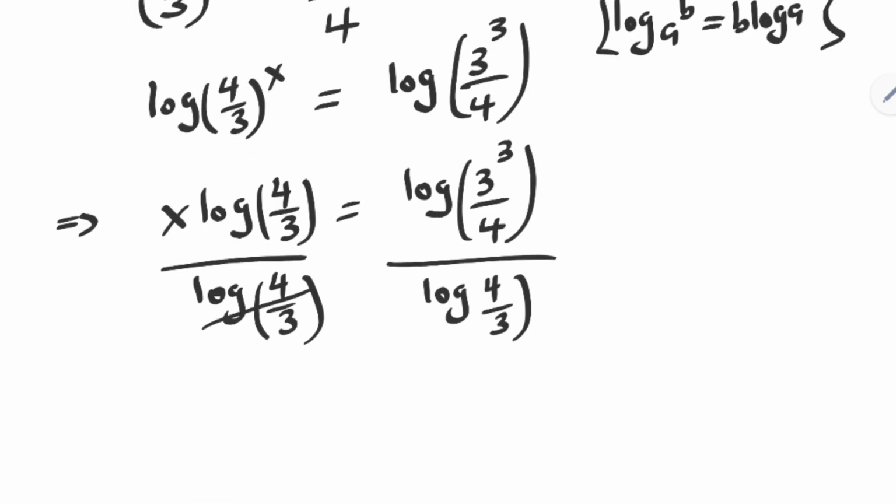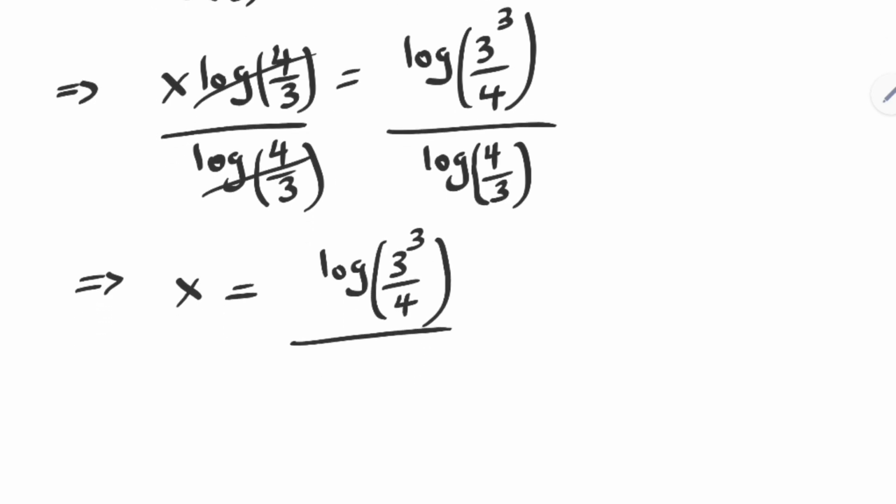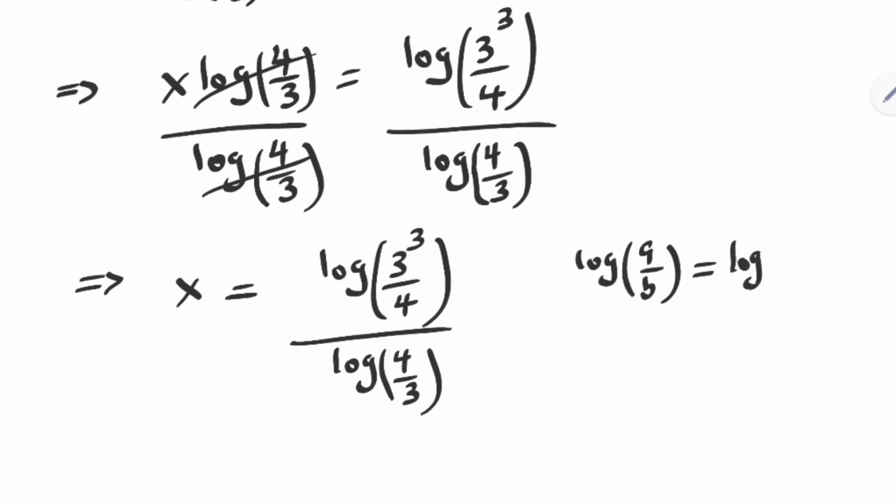This log 4 over 3 cancels this log 4 over 3. x is equal to log 3 raised to power 3 over 4, divided by log 4 over 3. Take note of this, that if you have log a over b, this is equal to log a minus log b.